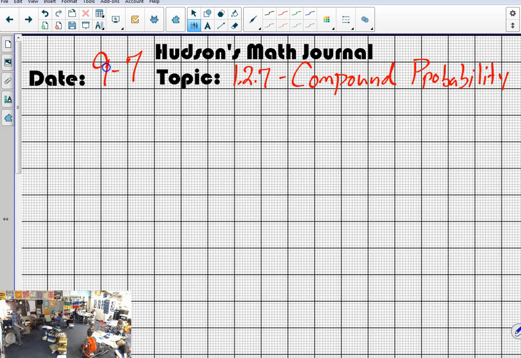What do you think compound probability means? We know what probability means, right? The chance of something happening, but compound probability. Can you think of a situation where one probability and another probability might tie to each other?